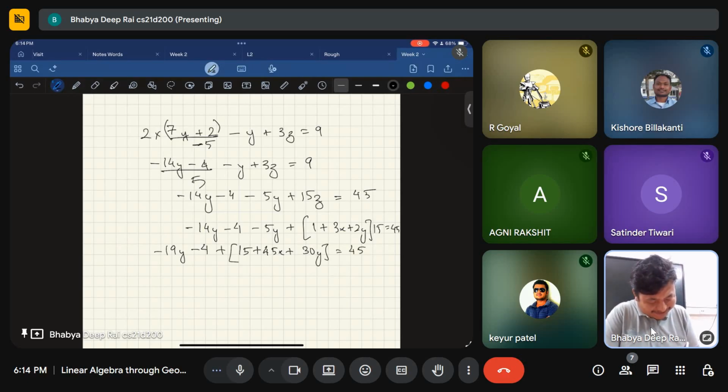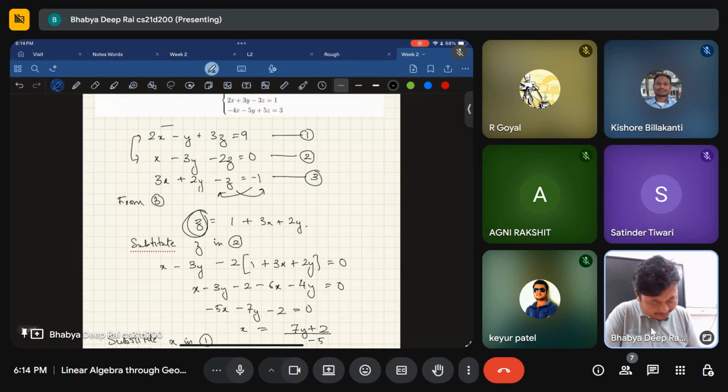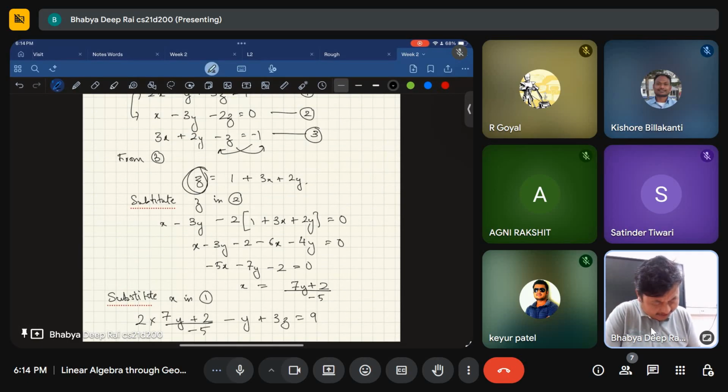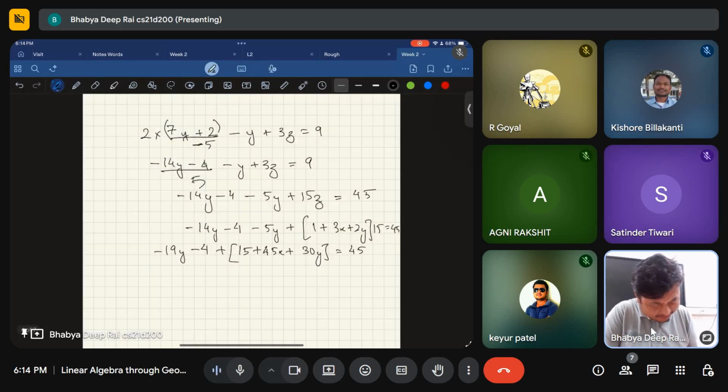A lot of terms floating here and there. So minus 19y plus 30y is 11y, minus 4 plus 15 is 11, so 11y plus 11 plus 45x equals 45, right?